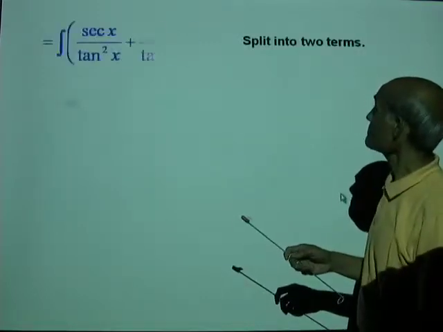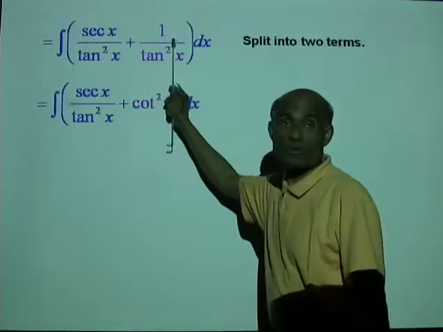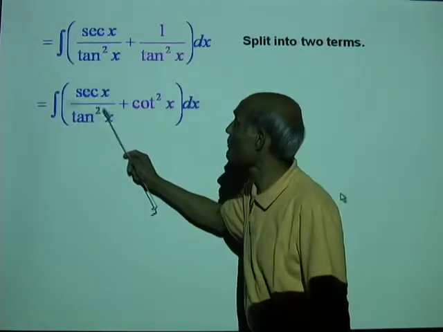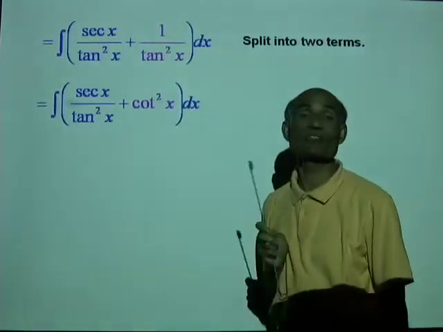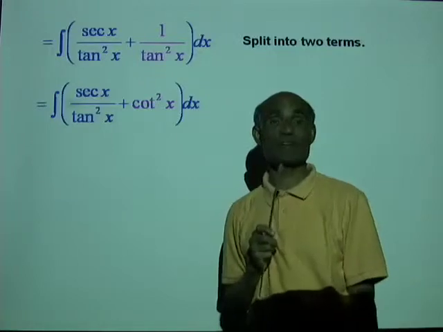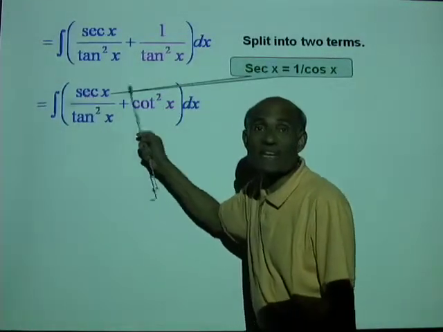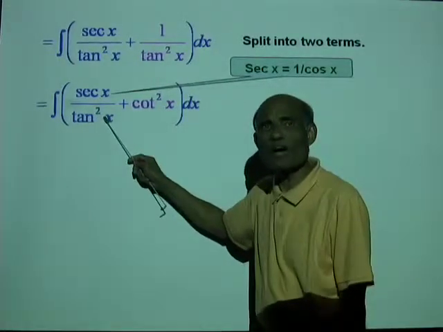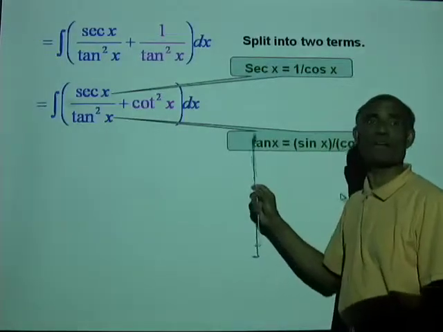All right. We have this is the integral we had earlier, so that will be integral secant x over tan squared x plus cot squared x. 1 over tan squared x is cotangent squared x. And we are now going to replace secant x as 1 over cos x, and tan squared x is sin squared x over cos squared x.